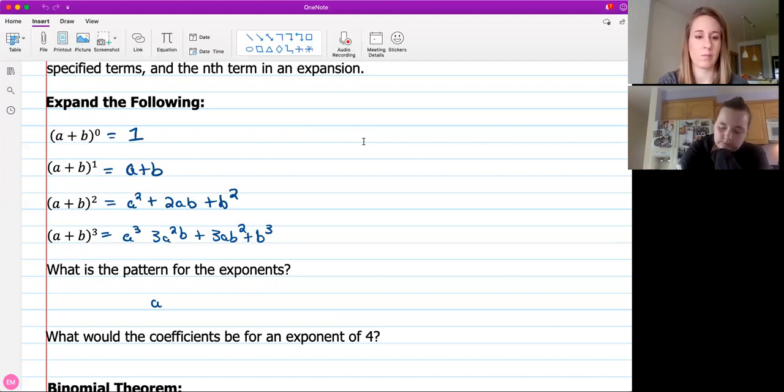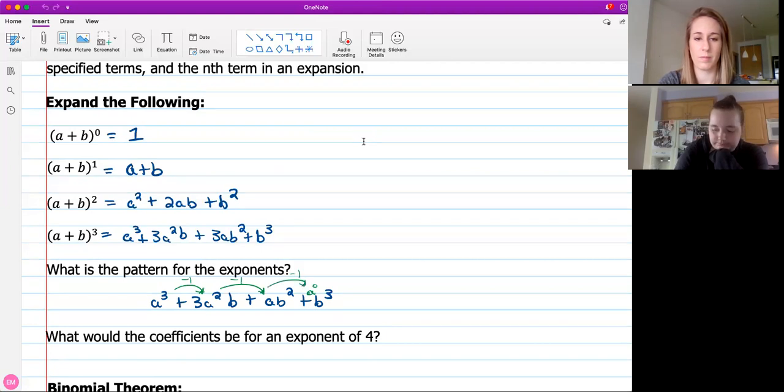So a cubed plus 3a squared b plus ab squared plus b cubed. If you look at the a terms, we can see that 3 to 2 is minus 1. And then 2 to 1 is also minus 1. And then technically here we would have a to the 0 power, so this is also minus 1.